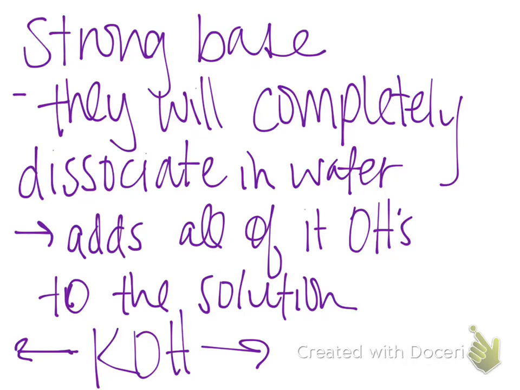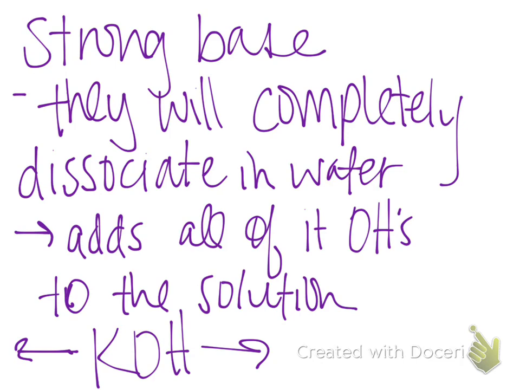We've got our properties of acids and bases. We've got the strong for each picked out. The opposite of a strong base and a strong acid is a weak one. We have a weak acid or a weak base. A weak acid and a weak base are any substance that just doesn't completely dissociate in water. Anytime it's only 50% dissociated or whatever it is, that's considered a weak acid or a weak base.